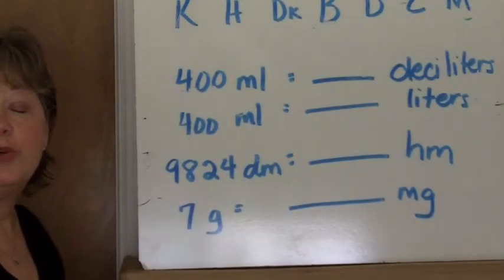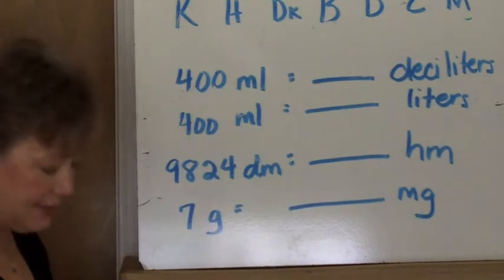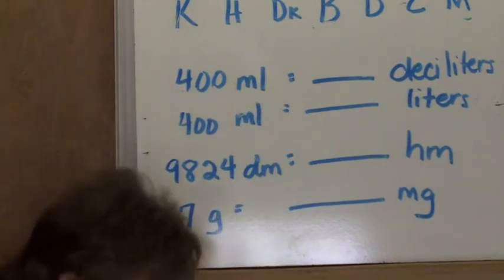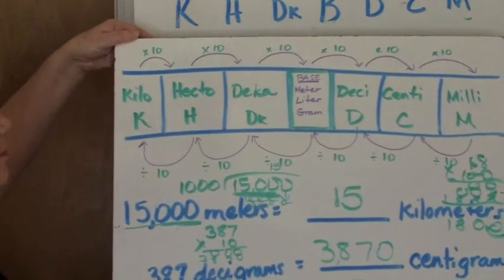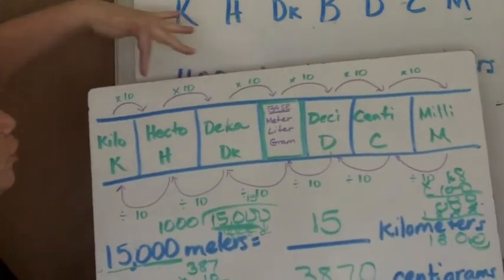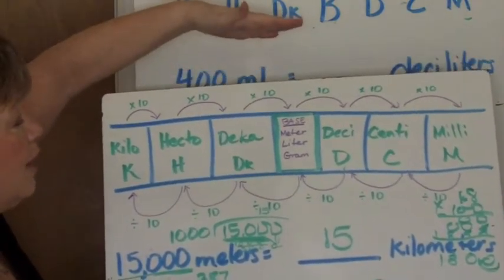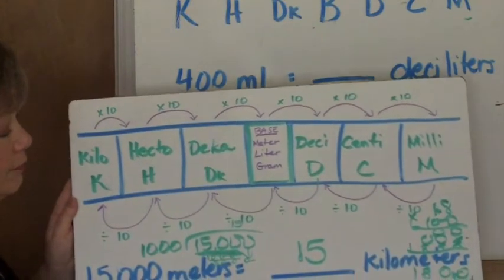In the last video, we started our metric conversion introduction, and the last board looked something like this, showing you the chart with multiplying when you go that way and dividing when you go from smaller to greater.